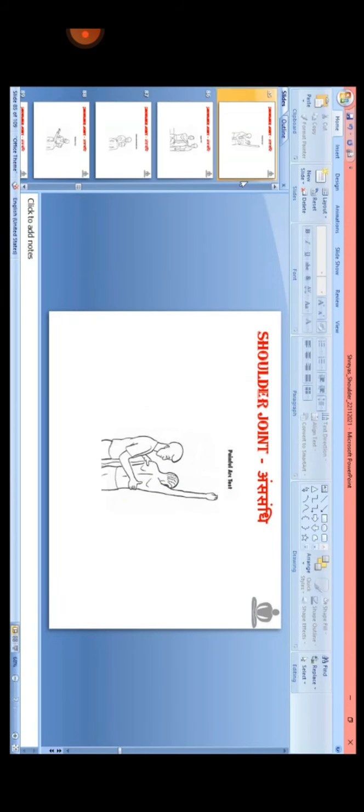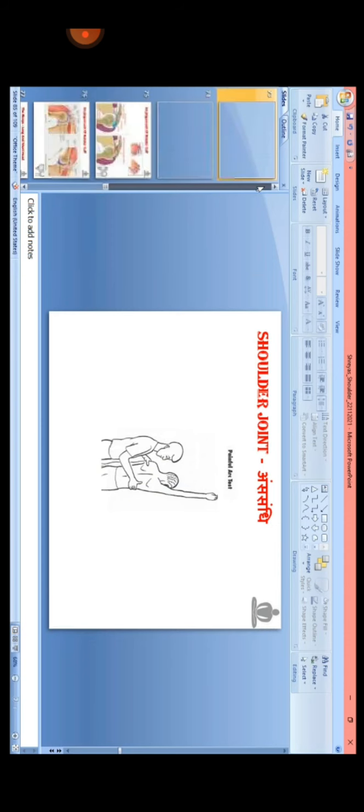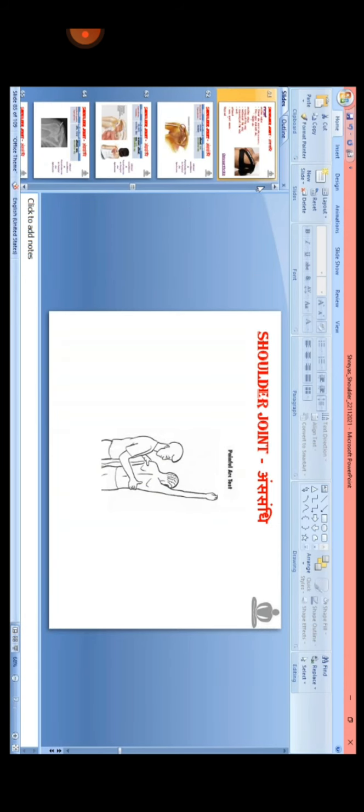This is related to impingement syndrome. There are 5 diagnoses. You must be knowing now all the diagnoses which we saw yesterday, all the diagnoses related to it. Should I tell you the diagnosis?